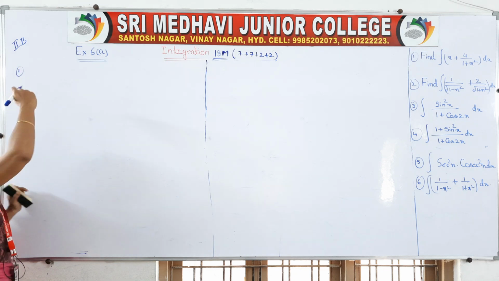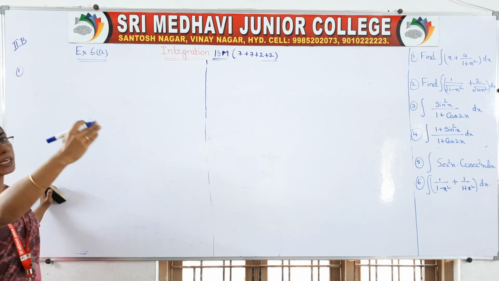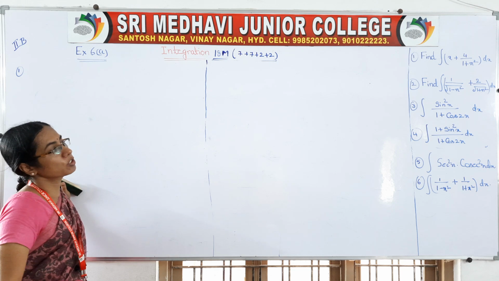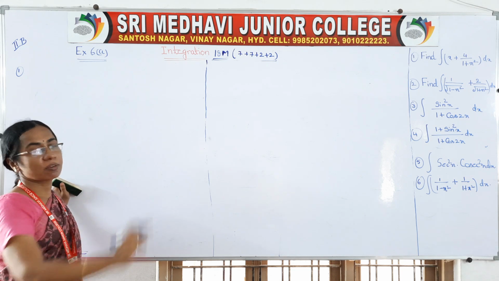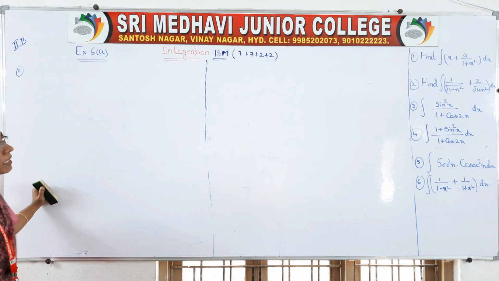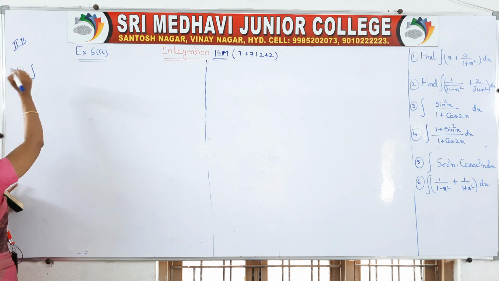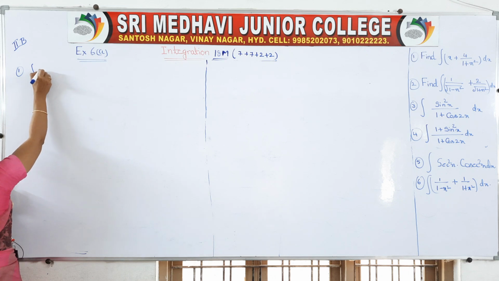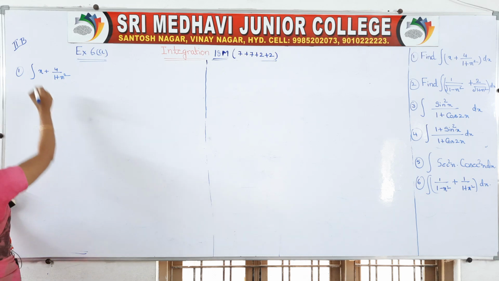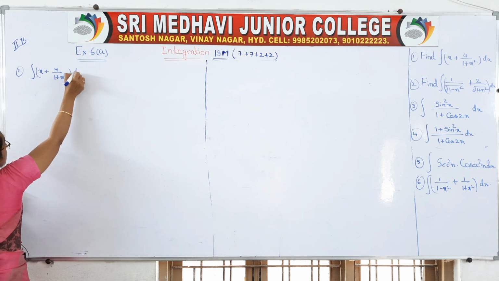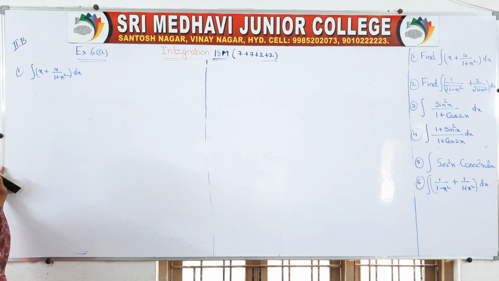So we are applying the formulae slowly in our problems. Take the first question. Find the integral of (x plus 4) by (1 plus x square) dx. So what I said? First observe the problem.